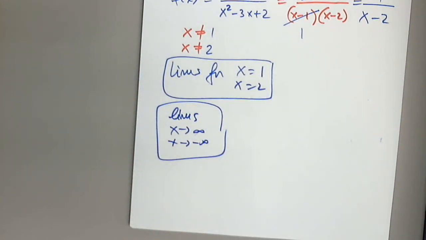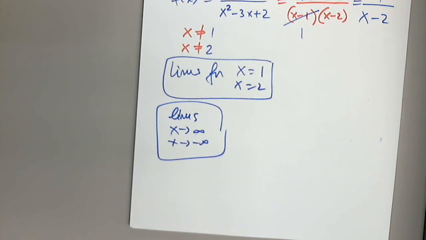If the answer is a number, this will give us the horizontal asymptote. What should I have here for x equals 1 or x equals 2 to be vertical asymptotes? At least one side should be infinity or negative infinity.